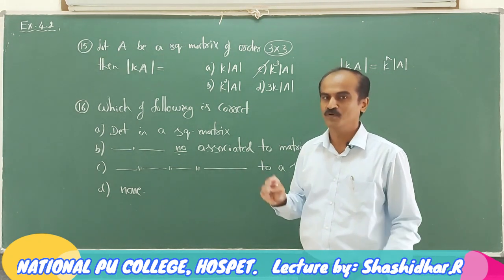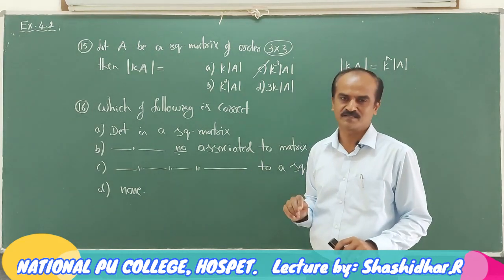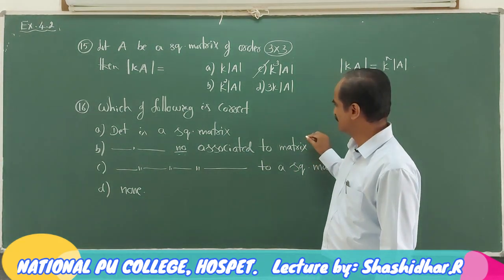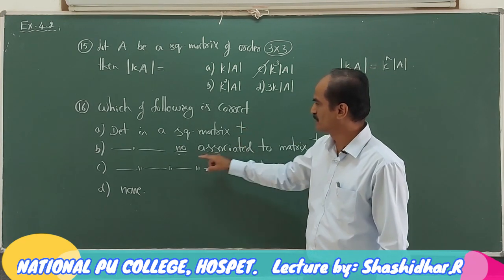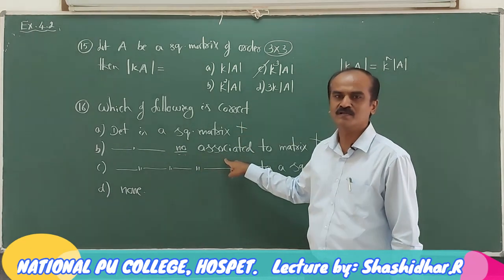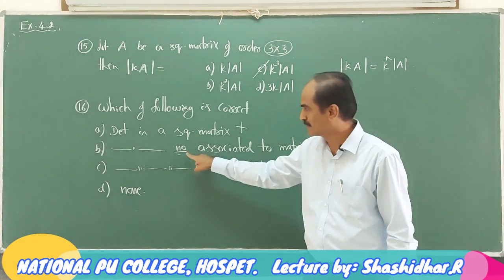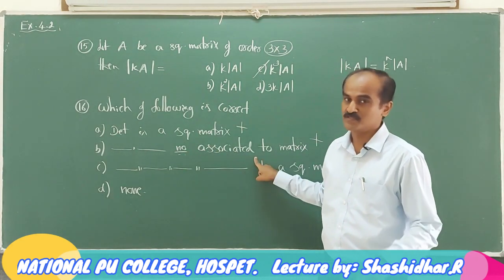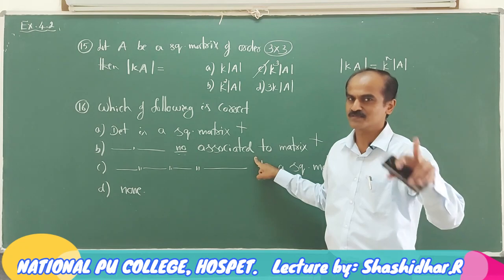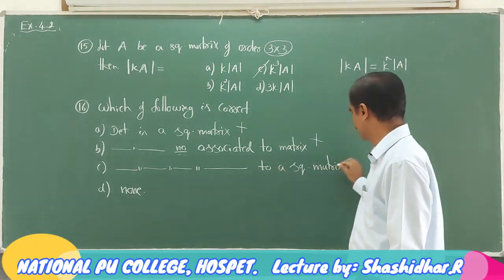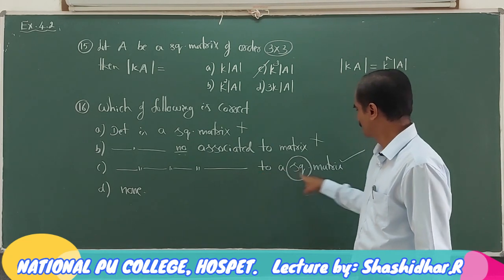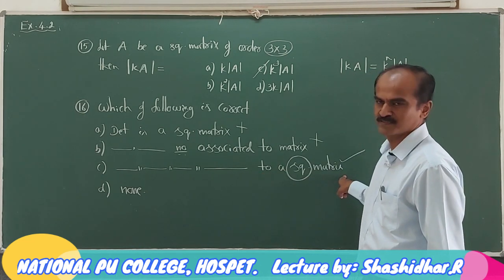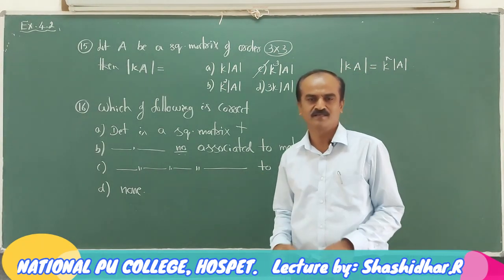No, only for a square matrix you can assign. So in this way, this is also not a right statement. Part of the statement is correct. Determinant is a number is correct, but associated not to any matrix, only to a square matrix. That statement is here. So determinant is a number associated to a square matrix. So therefore option C is the right answer.